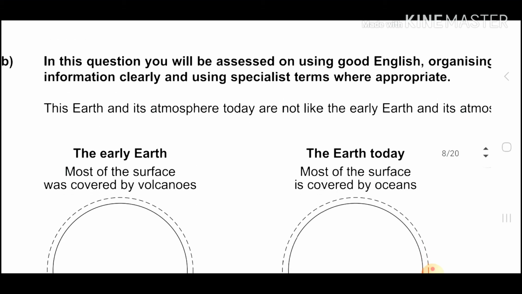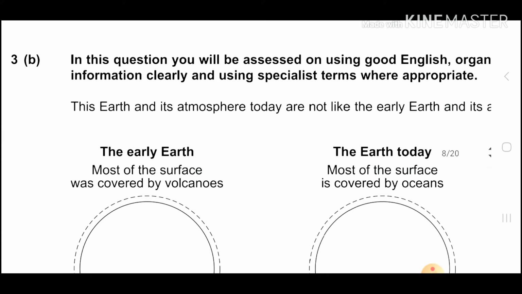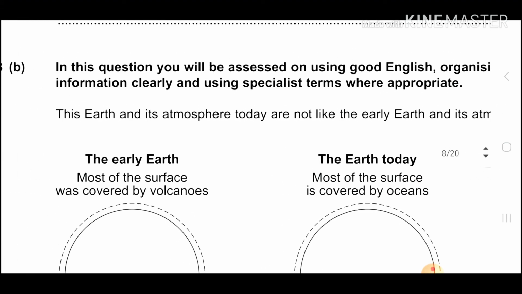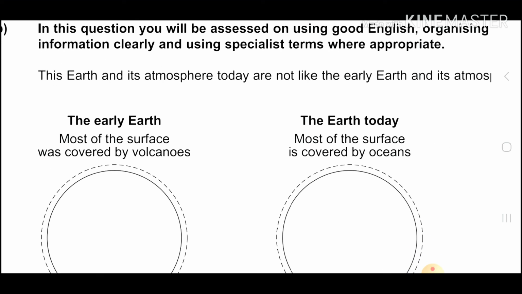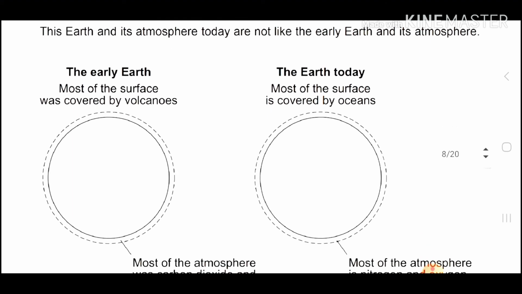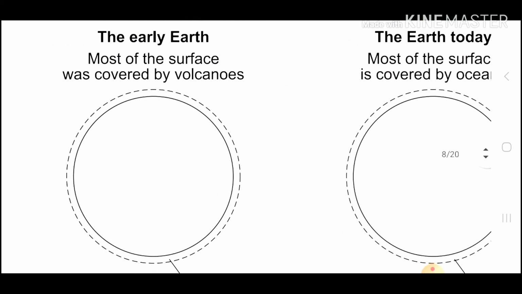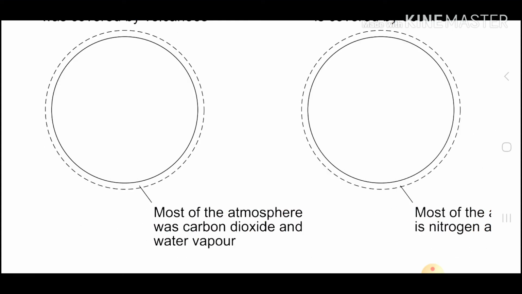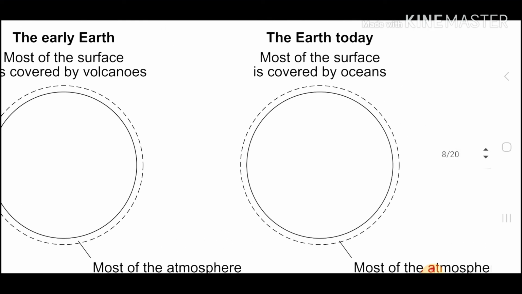Next question. In this question, you will be assessed on using good English, organizing information clearly and using specialist terms where appropriate. The earth and its atmosphere today are not like the early earth and its atmosphere. In the early earth, most of the surface was covered by volcanoes, so it was very hot and most of the atmosphere was carbon dioxide and water vapor.